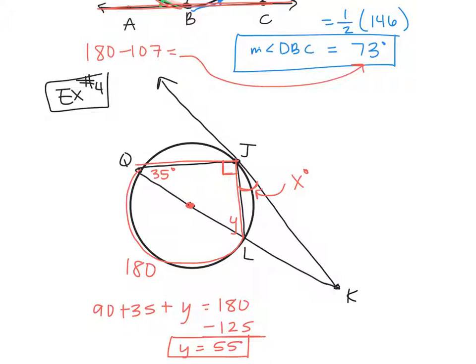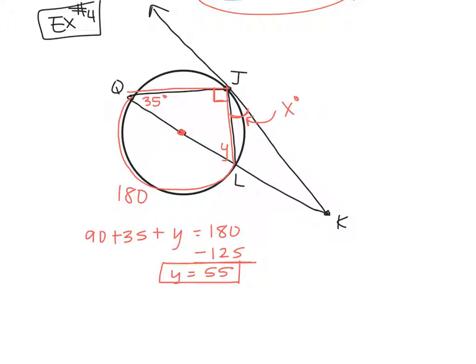Okay, so there's Y. How can you find X? K is not an inscribed angle.